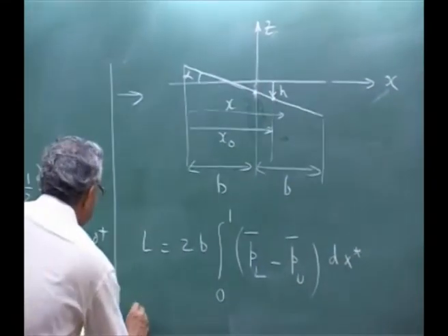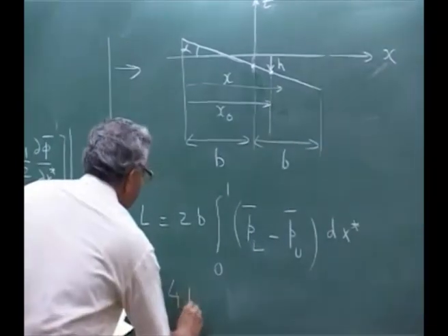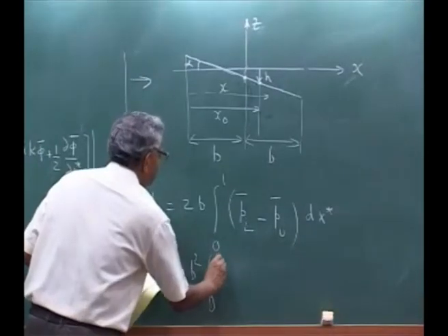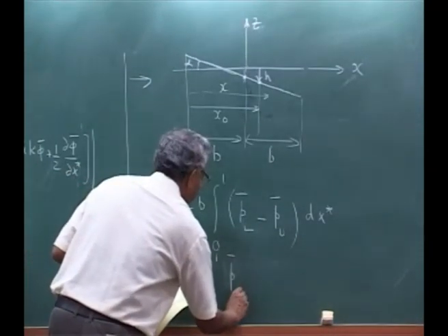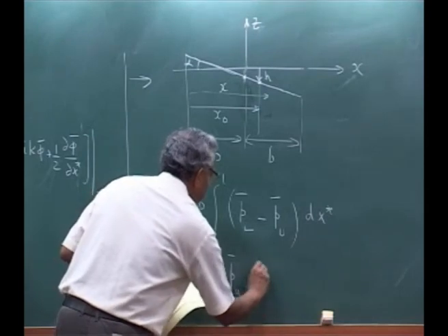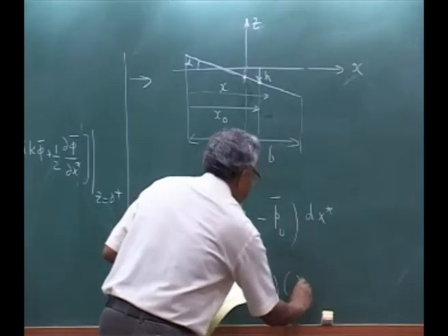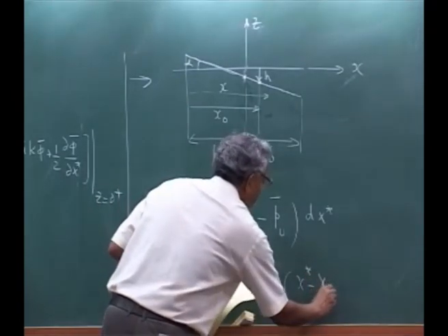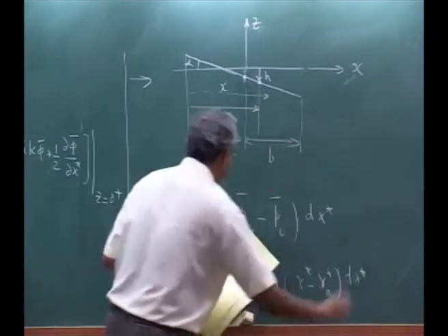So my moment on the aerofoil becomes 4b square, again 0 to 1. Now please note I use p bar upper minus p bar lower into x star minus x naught star dx star.